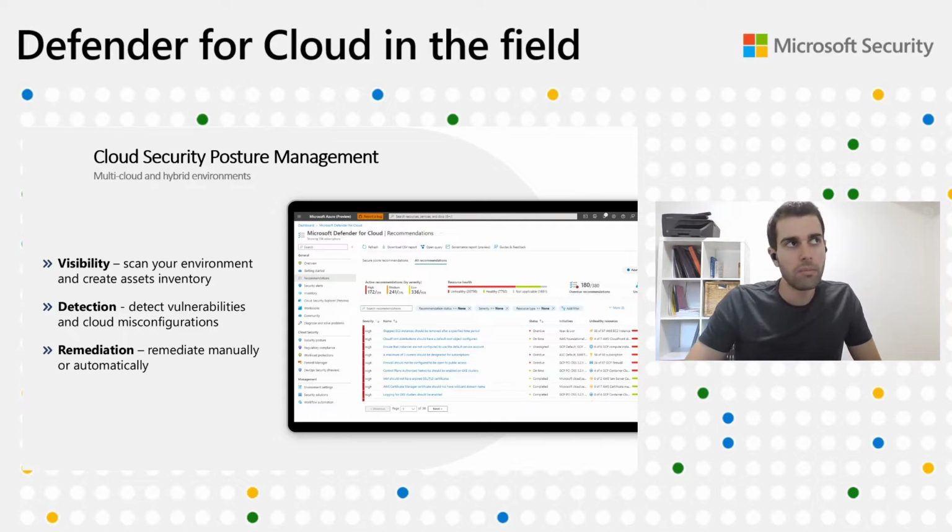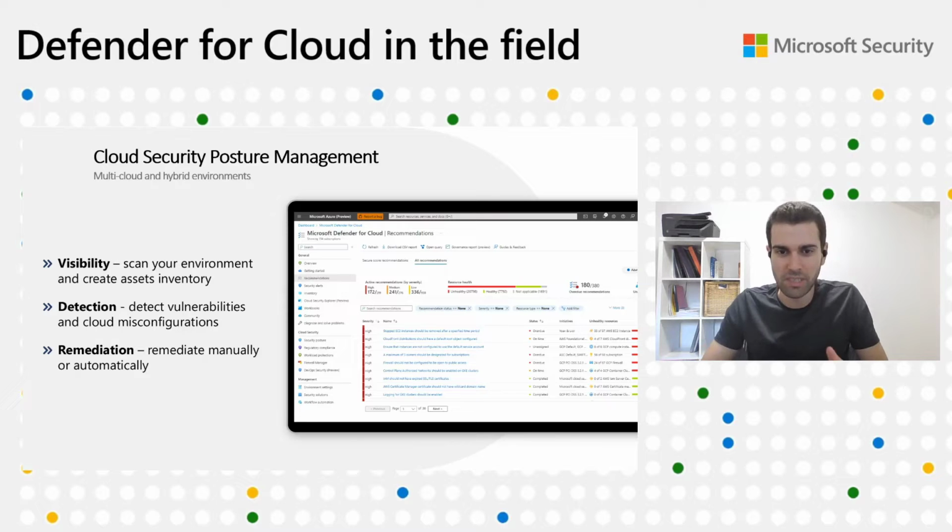But one of the biggest challenges we're hearing from security teams is that they have too many security issues to resolve. Security teams are dealing with thousands and even more security issues each minute and don't have the resources to address them all. And we try to give them a solution to better prioritize the work and understand what should be immediately resolved and what can be resolved later on.